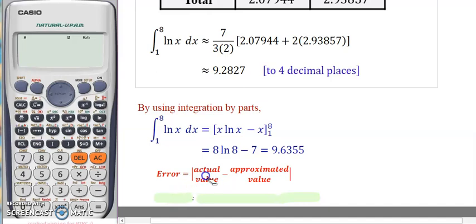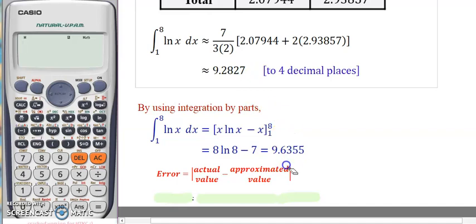So how we calculate the error is that we make use of the formula: error is the modulus of the actual value minus the approximated value. The actual value is the integration value, and the approximation value is the trapezoidal rule value. Although the formula is written this way, for simple understanding you just need to consider the approximate value and the exact value, and see which one is larger.